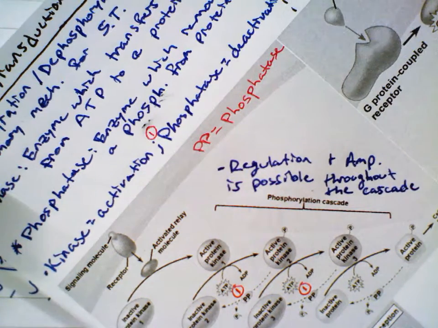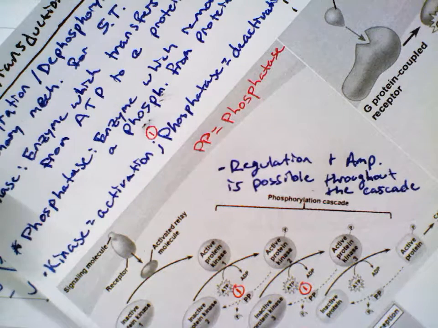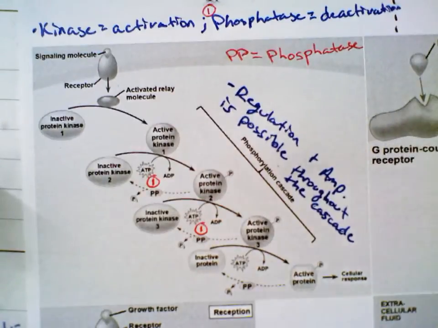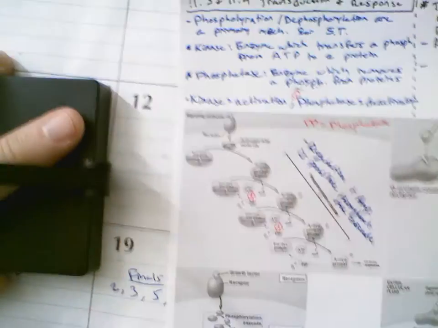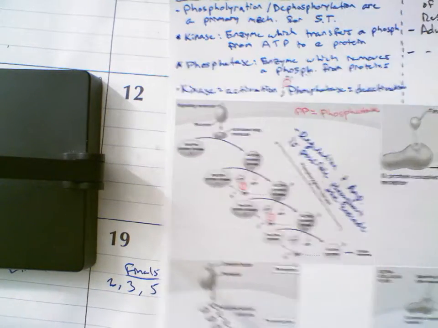So any of these steps in between the original signal and the final response, we could shut down the process at that point and regulate this process. Okay. So that is one transduction pathway, using phosphorylation.